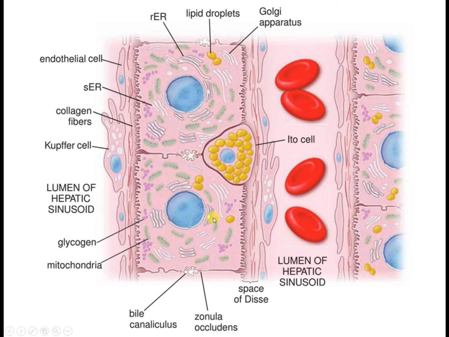As I said, lipids are absorbed here, chylomicrons are absorbed here, then with the help of mitochondria, smooth endoplasmic reticulum and rough endoplasmic reticulum, other proteins are produced which make 4 types of lipoproteins.